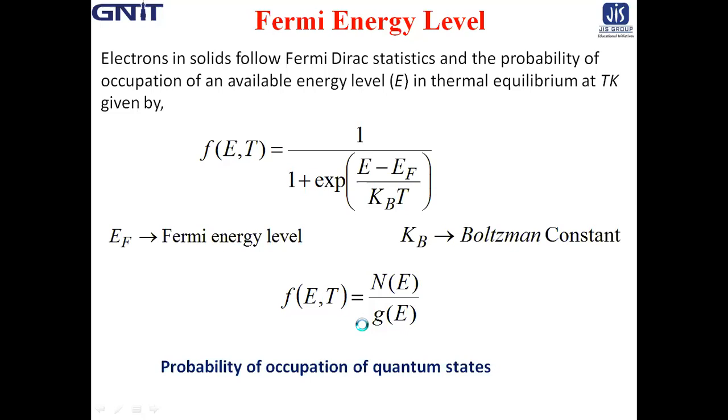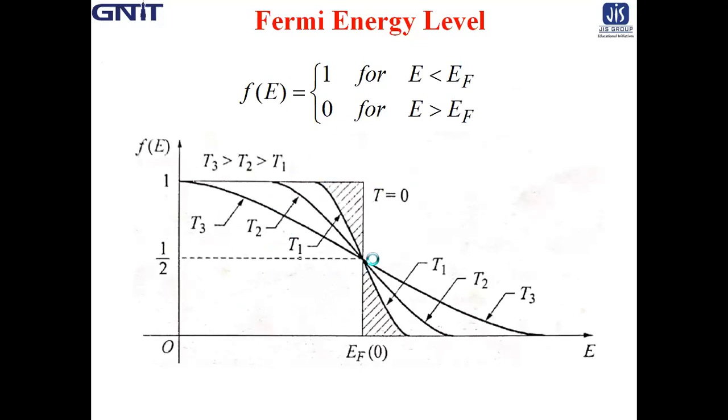Therefore, the Fermi distribution function is plotted in this figure for several values of temperature. The physical meaning of EF at T equal to 0 Kelvin is that the Fermi energy level is the highest occupied energy level at absolute zero temperature.